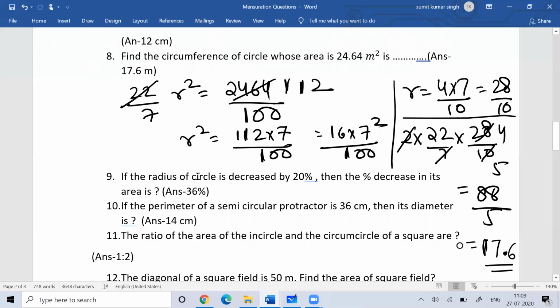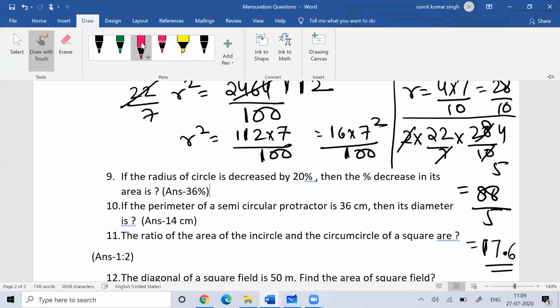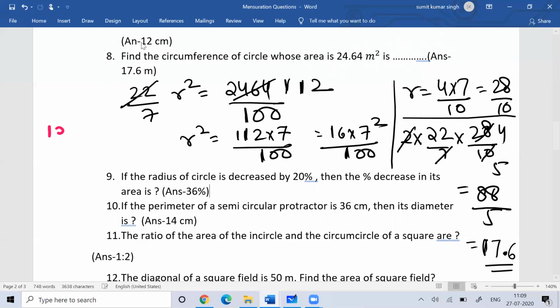Fine. Then next question, if the radius of circle decreases by 20%, what is the percentage decrease in area? If you're good in percentage, you can do it very easily. So you can take 100, and area is pi r square, pi is constant and radius is decreasing by 20% two times.